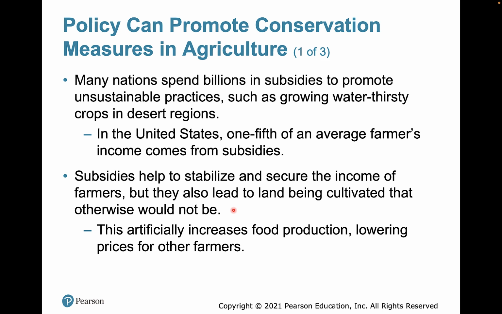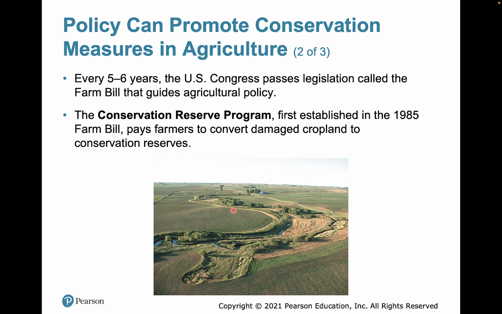Subsidies are good because they ensure that our farmers are getting income, but they also allow land to be cultivated that probably shouldn't be. And it increases food production, which then decreases prices for other farmers. So in the long run, it's not a good thing.